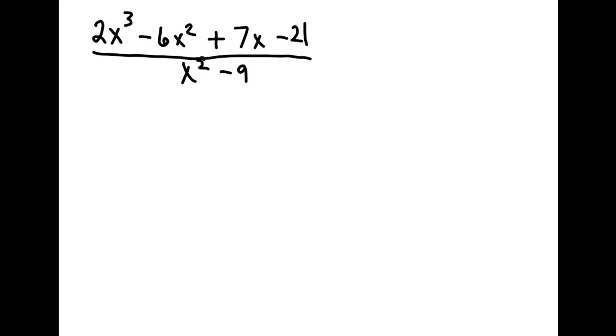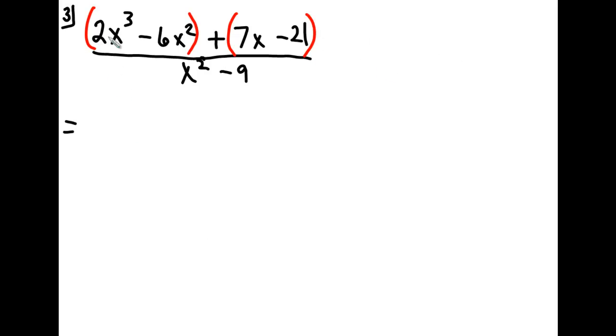Let's look at example 3. Notice in example 3, I need to simplify this rational expression. There are 4 terms in the numerator, so we will factor by grouping. The most important thing to do is pull out the GCF, but there is not a GCF in the numerator. So then I just go to grouping. I will group the first 2 terms together, then the second 2.